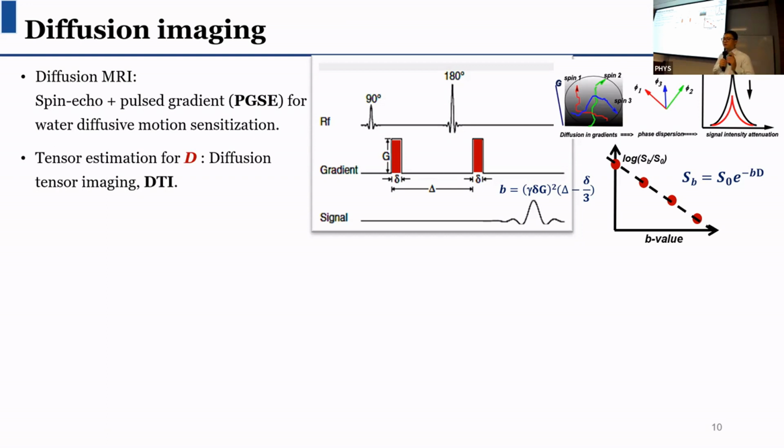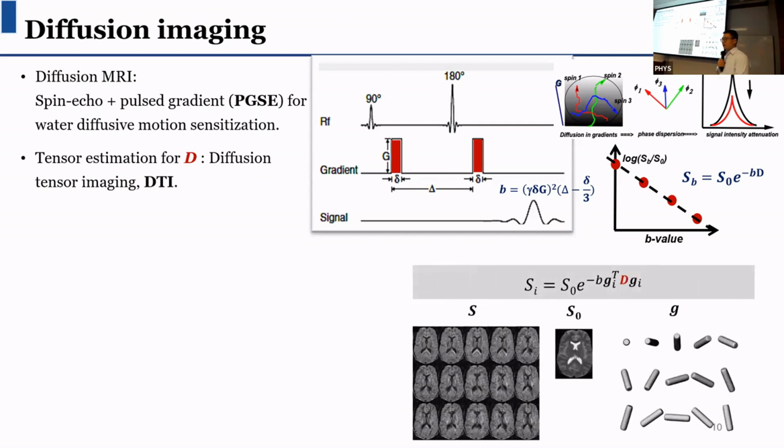But this gives you one D value for one voxel, and nowadays we assume the molecules do not go in one direction but in different directions. So we use a tensor matrix. That means our diffusion gradient will point in different directions, for example 15 directions here.